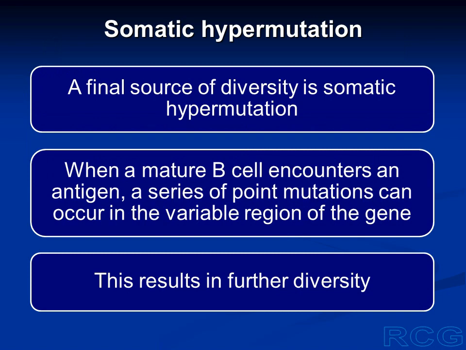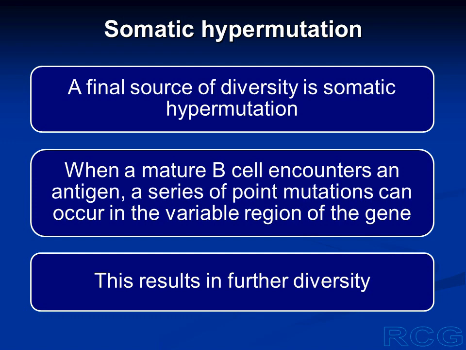And then there is a third and final source of diversity, which is somatic hypermutation. When a B cell has been formed and a mature B cell encounters an antigen, a number of point mutations can occur in the variable region of the gene.